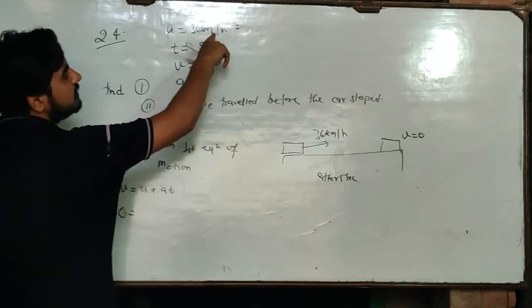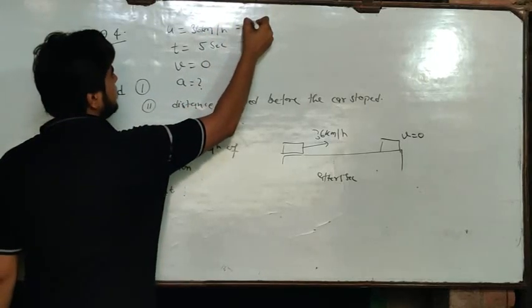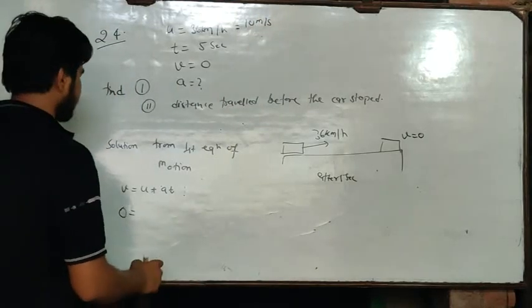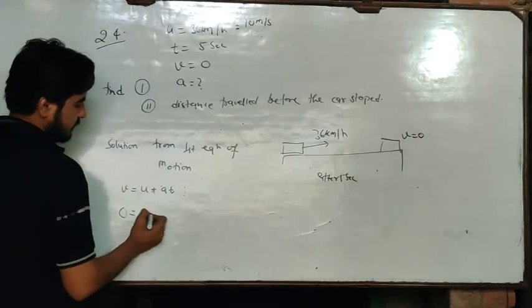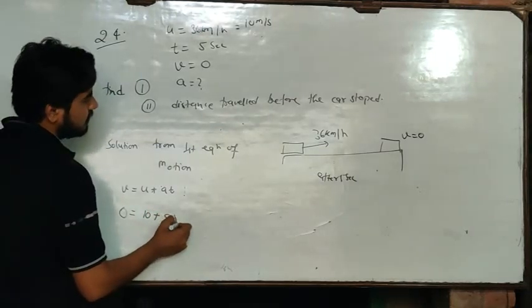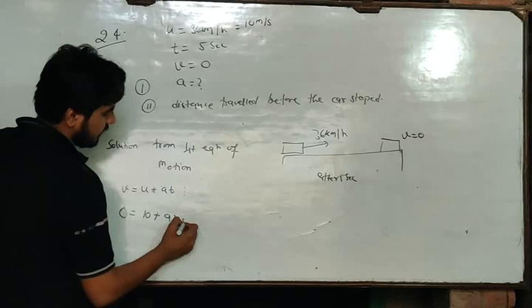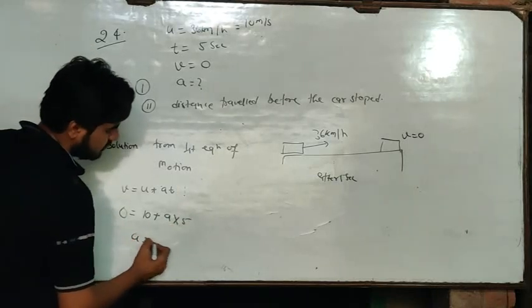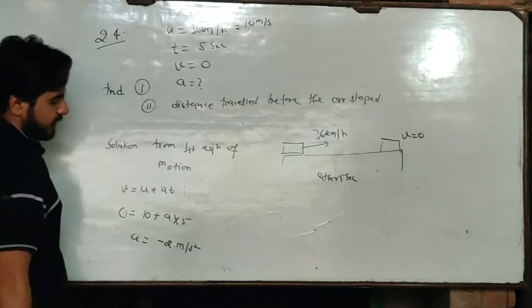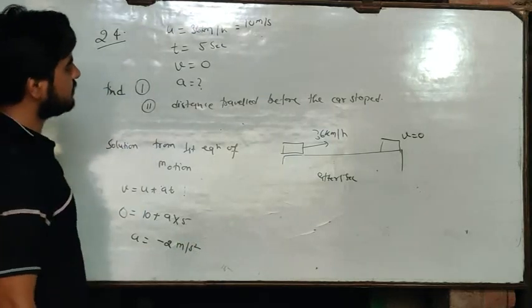We have to change it into meter per second. This is 10 meter per second. 0 is equal to 10 plus a into t. a is equal to minus 2 meter per second square. This means retardation is 2 meter per second square.